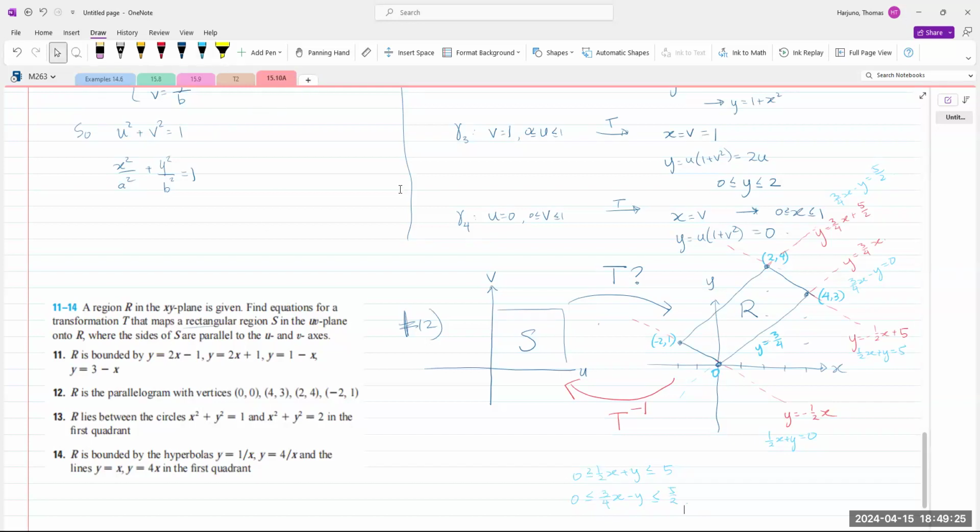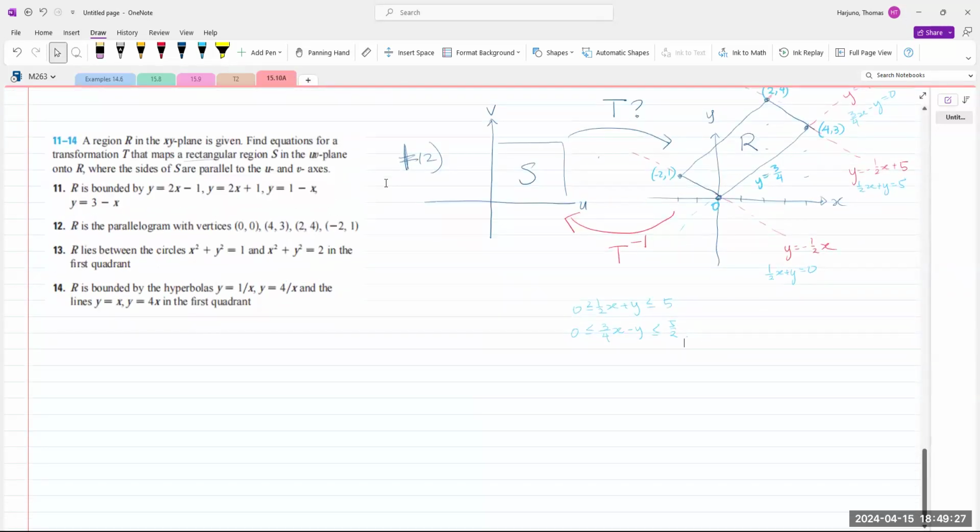Okay, let's call one of them u and the other one v. Okay, so my T inverse transformation, u equals 1/2 x plus y. The v is 3/4 x minus y.